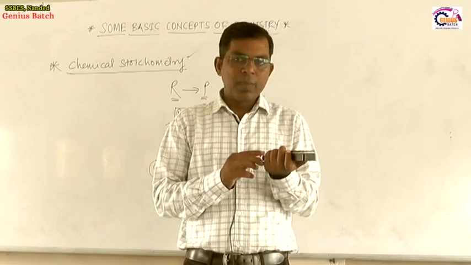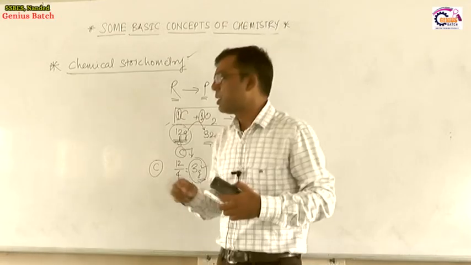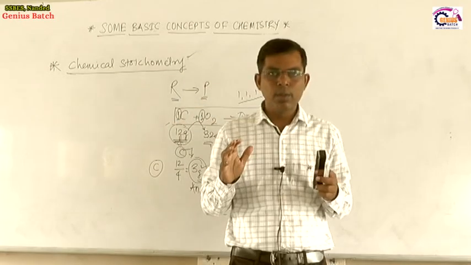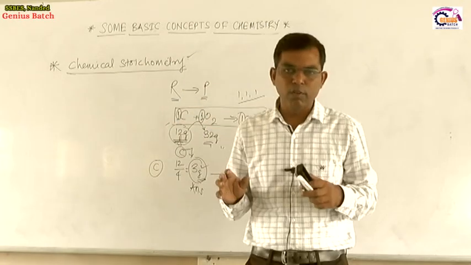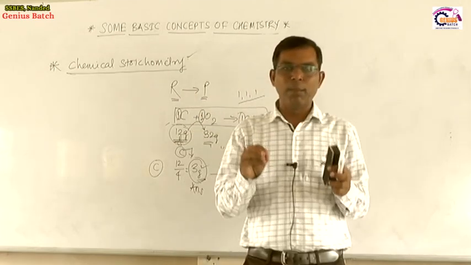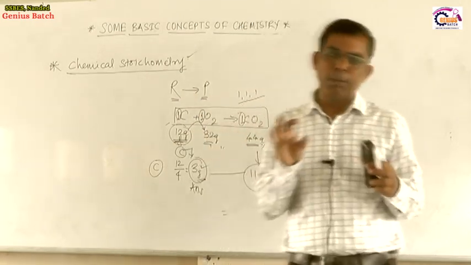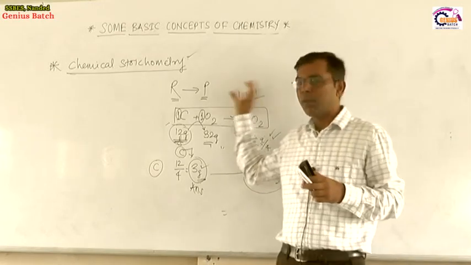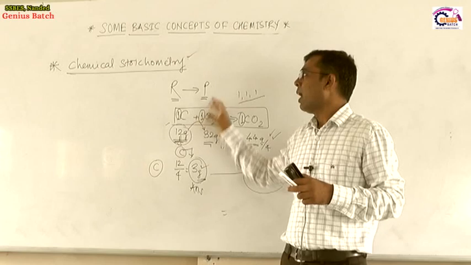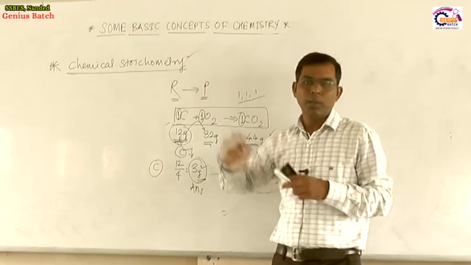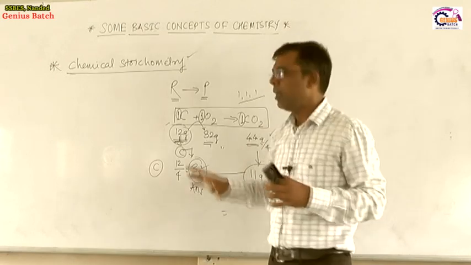So students, in this lecture we revised how to determine the empirical formula from the rules. We solved 2 examples for determination of the empirical formula of a compound, and we discussed one concept, what is meant by chemical stoichiometry.